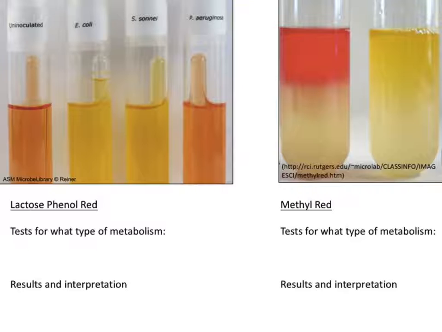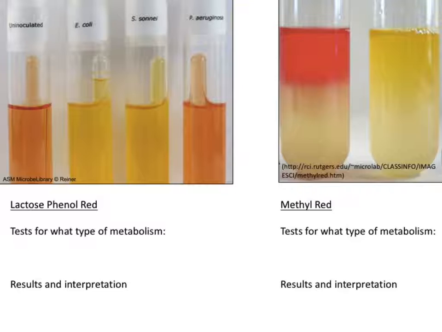E. coli. What's the distinguishing feature there, Ashley? Yeah, so we said heterofermenters will produce more than a single product from their fermentation. And because not only we detect acid, but we also detect a gas here, that indicates two potential products. Therefore, E. coli we would consider to be a heterofermenter.